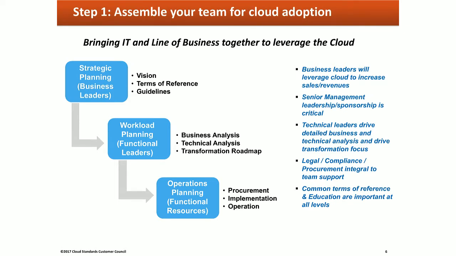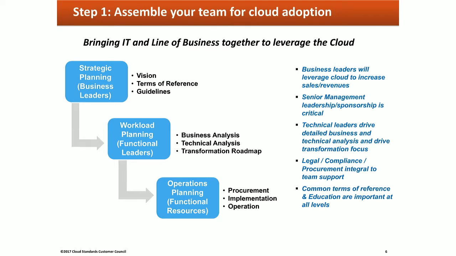Also, as part of the workload planning process, we see technical analysis to look at the different technology comparisons that you're going to be looking at for your cloud transformation, and the paper outlines various aspects during these 10 steps. And then, of course, the output of the workload planning process needs to be a transformation roadmap, which identifies some of your critical success factors and how you're going to achieve that.